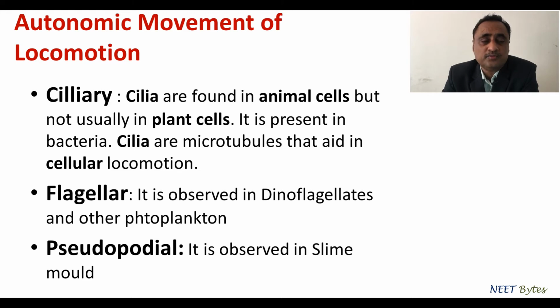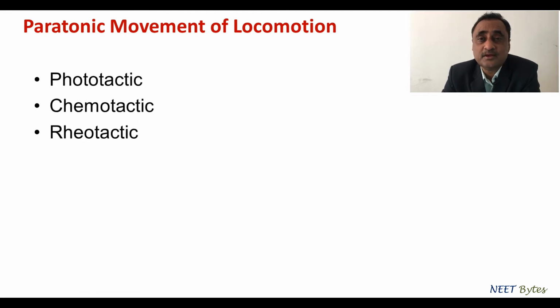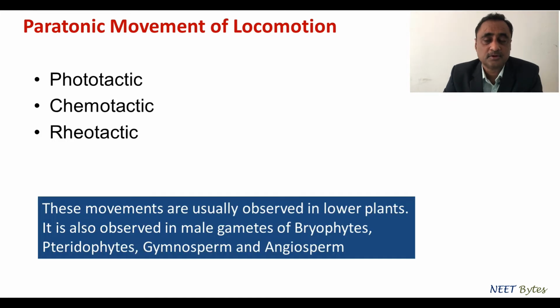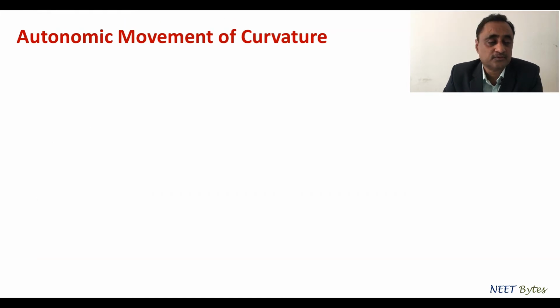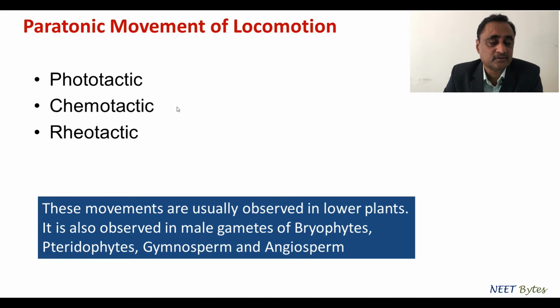Now let's talk about the induced movement of locomotion. Induced movement of locomotion can be phototactic, chemotactic, or rheotactic. The word tactic means we are talking about induced movement of locomotion. These movements are usually observed in lower plants.